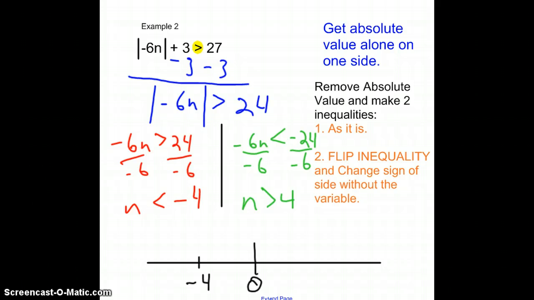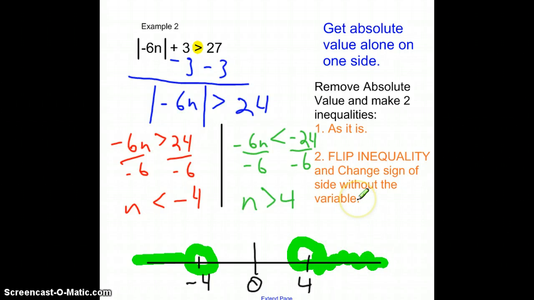So we know that's going to take us down to the left here. Open circle. Or all the way down here, we can go positive, right? n is greater than positive 4. And again, open circle, because it doesn't have the equal sign underneath it. So open circle, that's everything greater than 4.